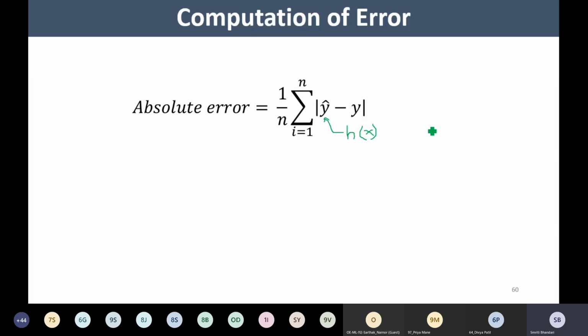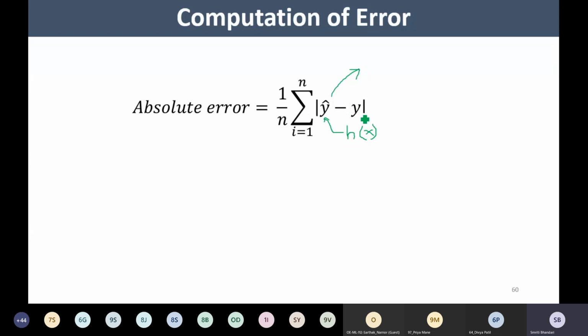So I compute the error by finding the absolute difference between the predicted output and the actual output. If I have n number of samples, n number of observations, I sum up all those differences.